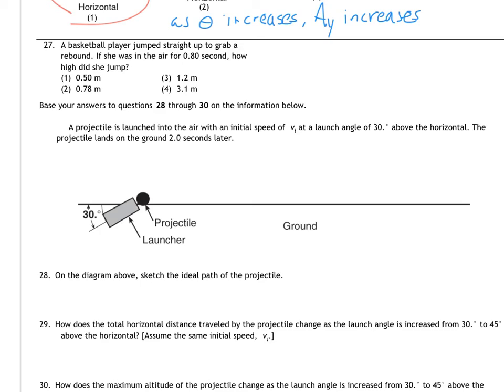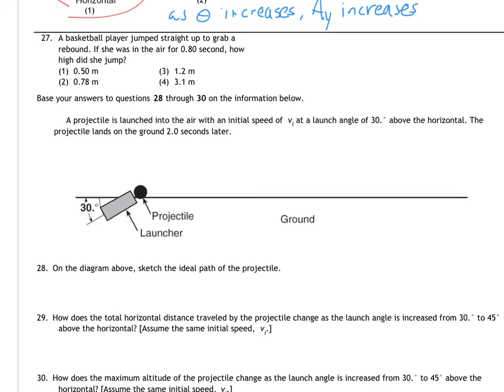Okay, 27. A basketball player jumped straight up to grab a rebound. If she was in the air for 0.8 seconds, how high did she jump? I could solve for her initial velocity, and then I could use an equation like vf squared equals vi squared plus 2ad to find the distance that she jumped, but that would make it a two-step question.